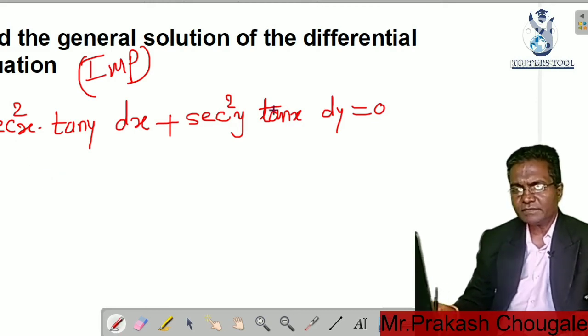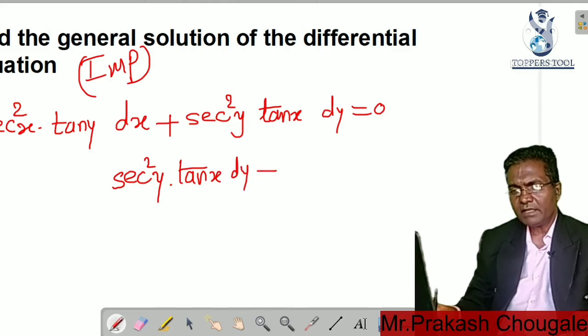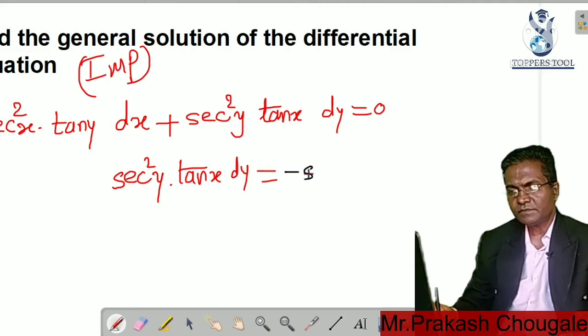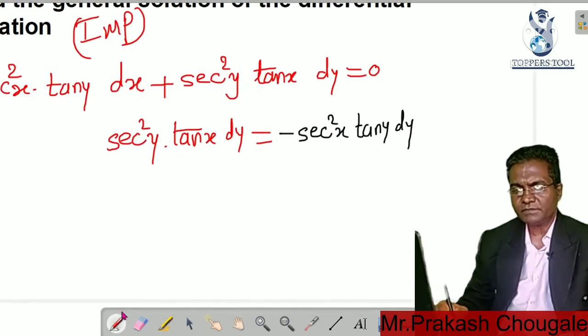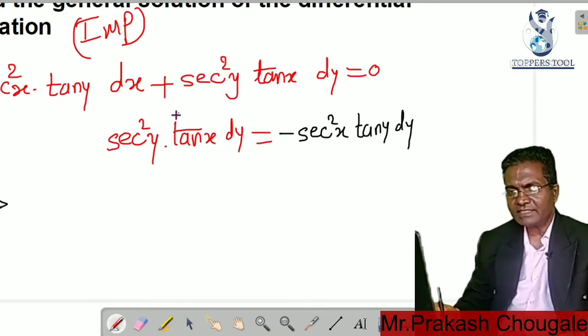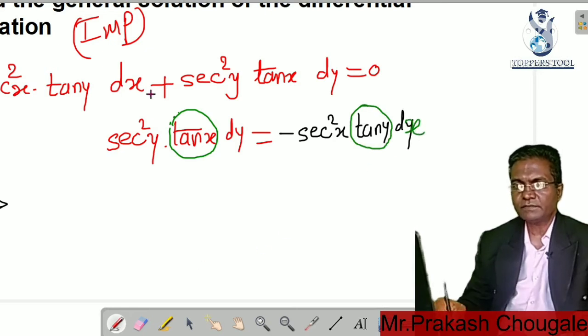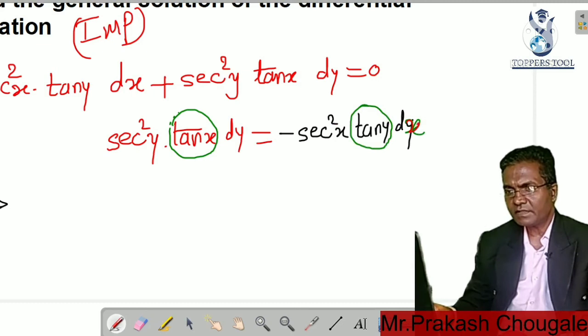I can write it as this, as it is for your understanding, secant square y tan x dy equals, I bring this term to the right, because we are following the common rule, separating variables. Now see here, I don't want this tan x on this side, and on this side I don't want tan y. Here I can write secant square x dx.